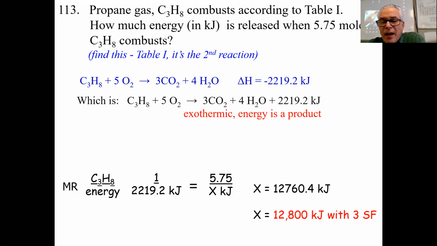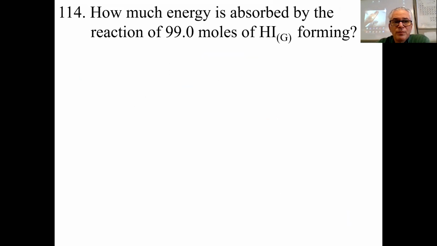We cross multiply, and then we round to 3 significant figures. So if you combusted nearly 6 moles of this stuff, you're going to get a lot of kilojoules coming out, right? 5.75 times as much energy comes out when you combust this much, as opposed to when you combusted just 1 mole.